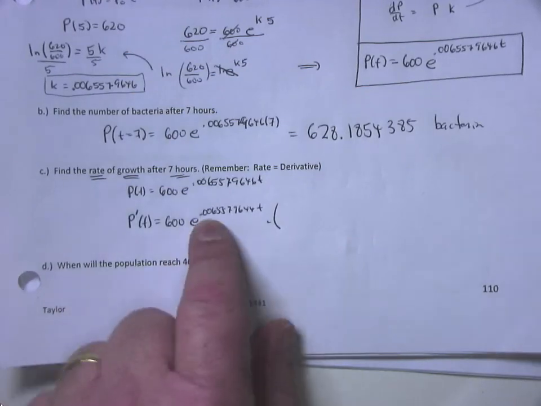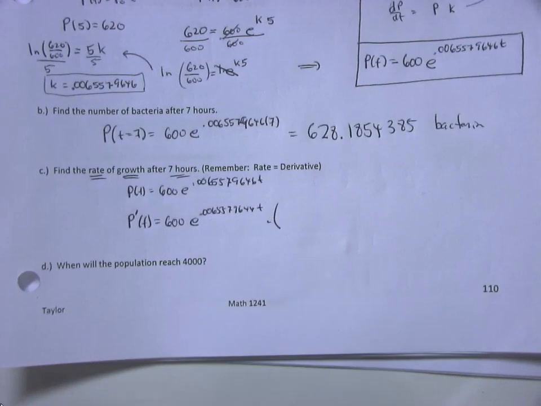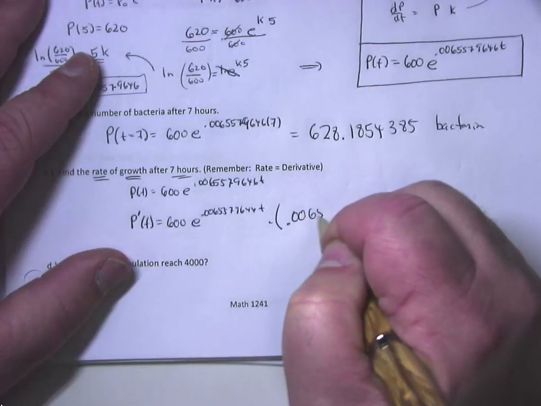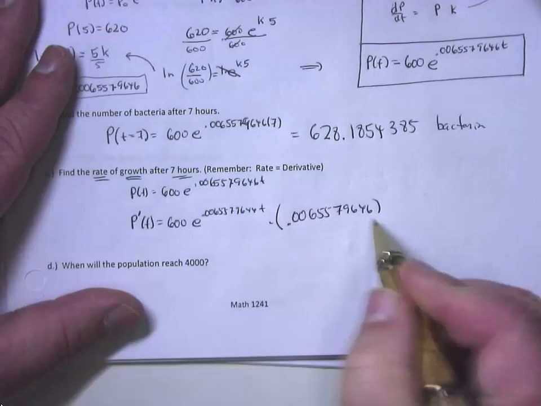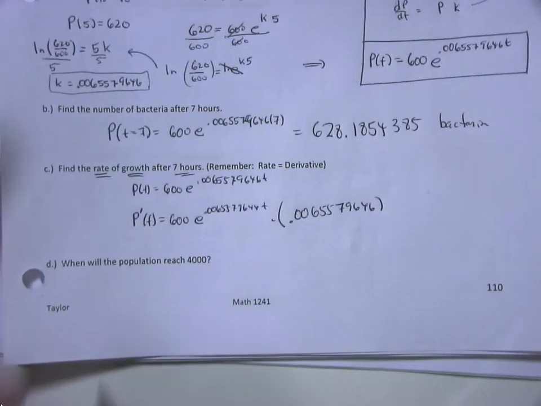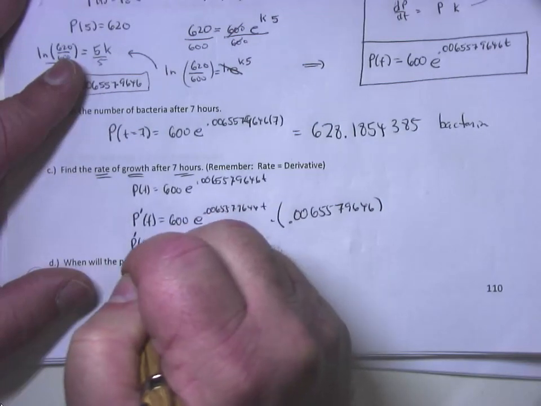What is the derivative of 0.006557 times t? What's the derivative of a constant times t? Just the constant. Times this 0.00655799646. There's my derivative. Okay? So what do they want to do? They want me to find this rate of change after 7.